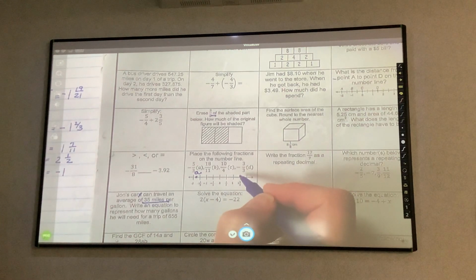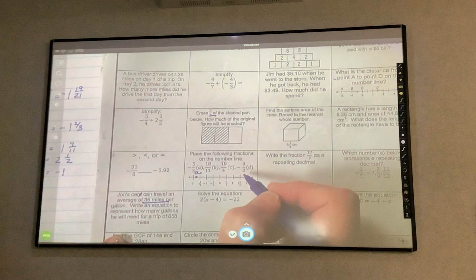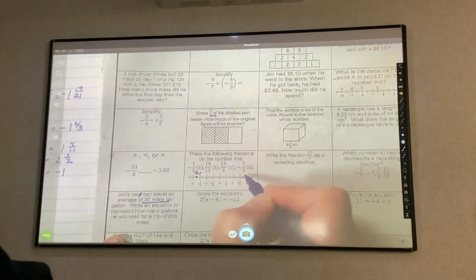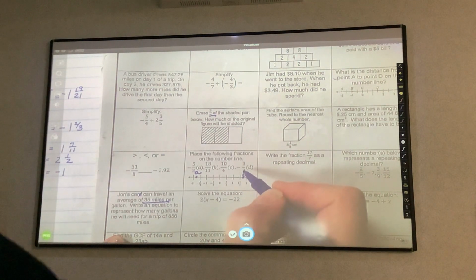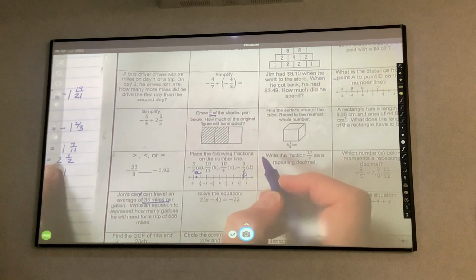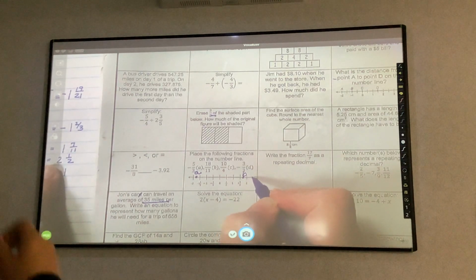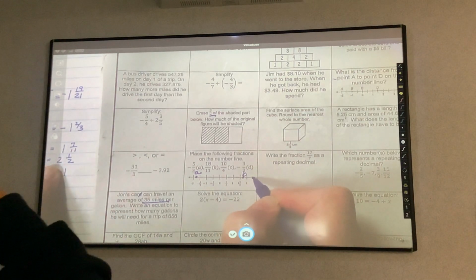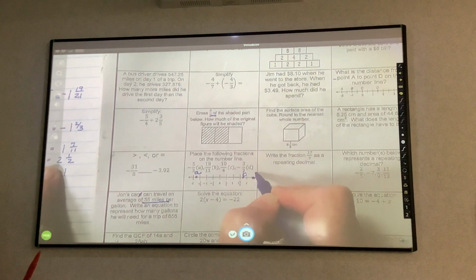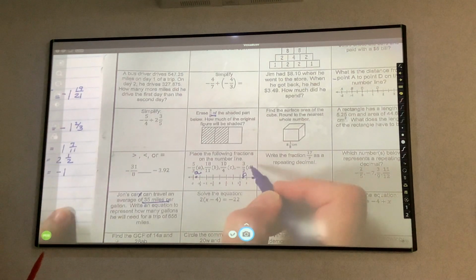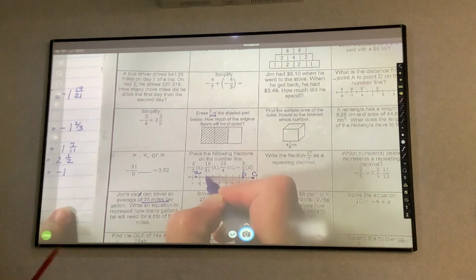Is it above 1.5 or below 1.5? Above, right? 10/4 is 2.5. This is the one where you had to extend your number line. And a -3/3 is just a -1. And then I put my label there.